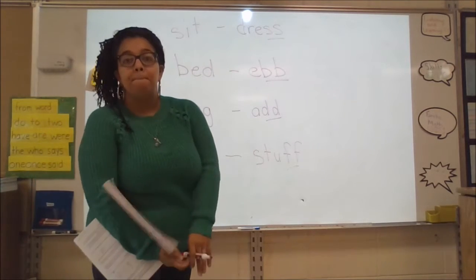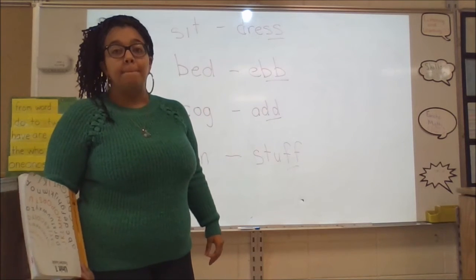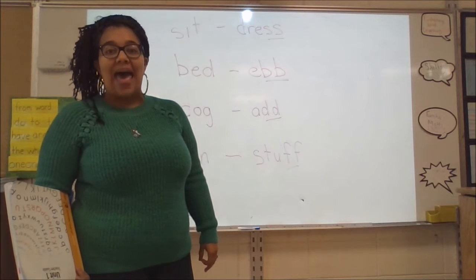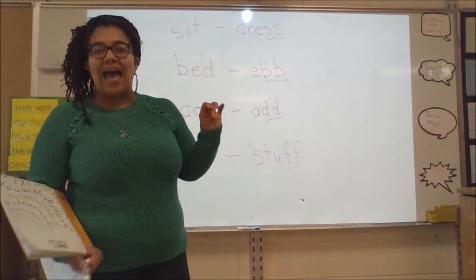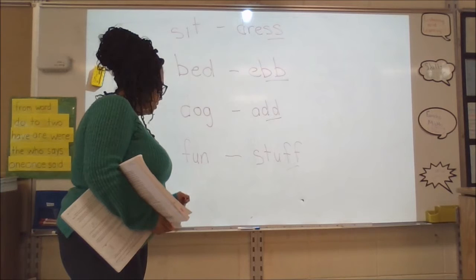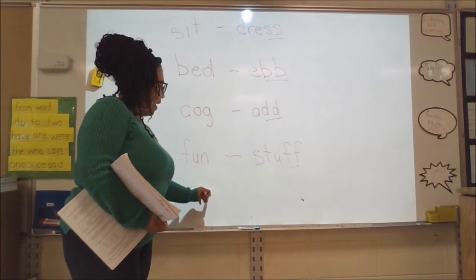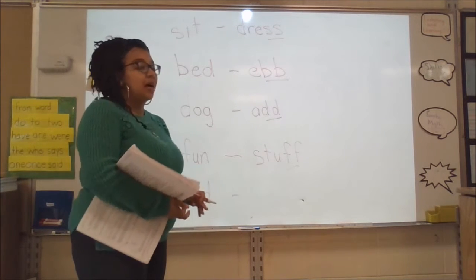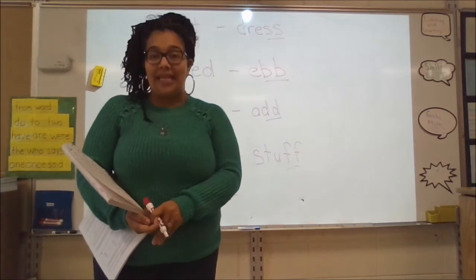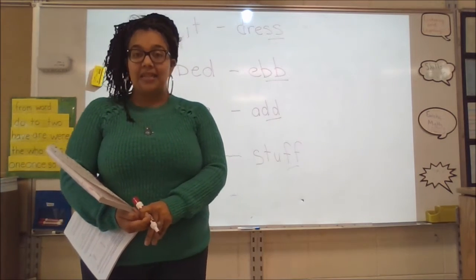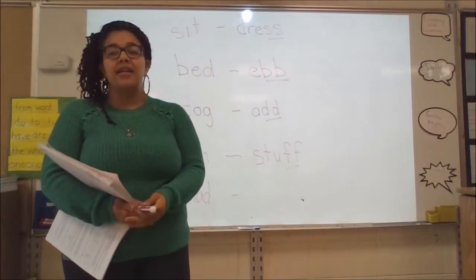The M sound. My single letter is for the word mad. Mad. And my double letter is in the word comment. Comment. That has a lot of sounds, but it does have something I want you to note.